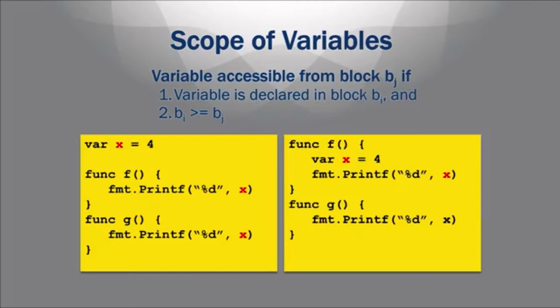But in the next sequence of code, the x is defined inside the function block of f, but it's not inside the function block of g. So when g tries to reference the variable x, it doesn't see it in its local block. It also doesn't see it in its file block, because now the definition is inside the function block for function f. That's why this fails. The x doesn't get resolved to anything, and there's an error.